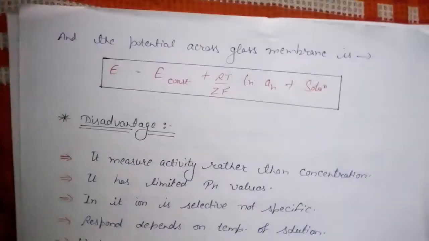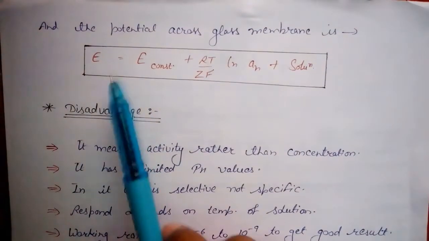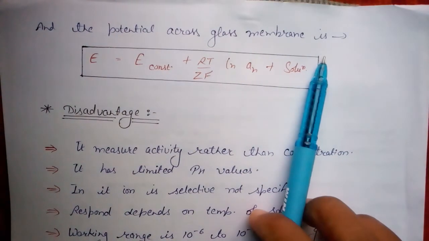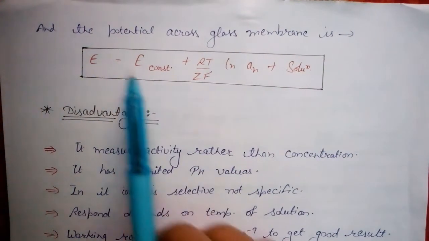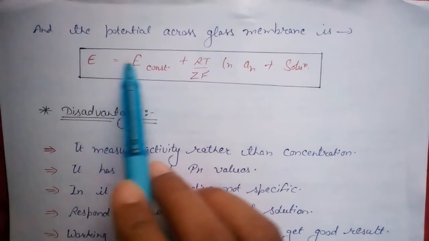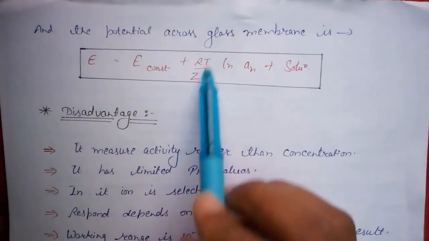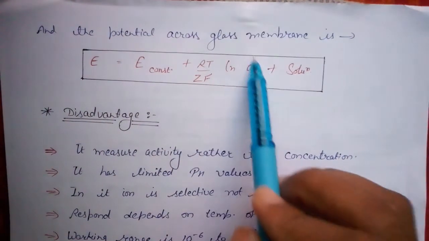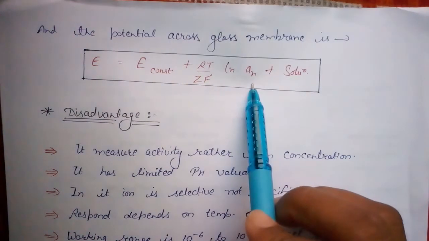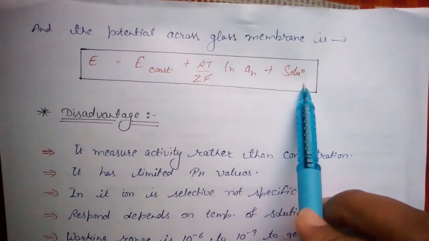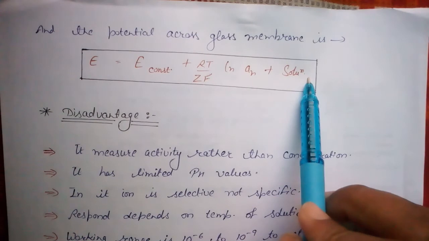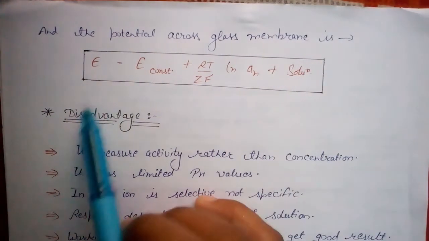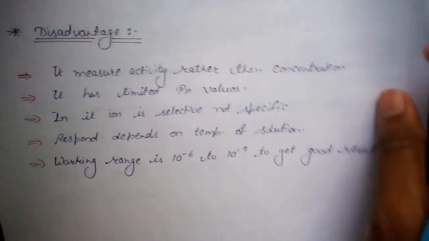After this, the potential across the glass membrane, how can we define it? The equation will be E is equal to E constant plus RT by ZF ln a of ion species plus solution which is conductive, right?